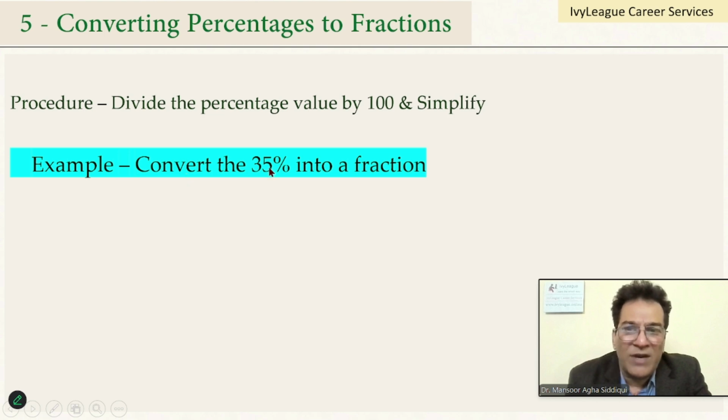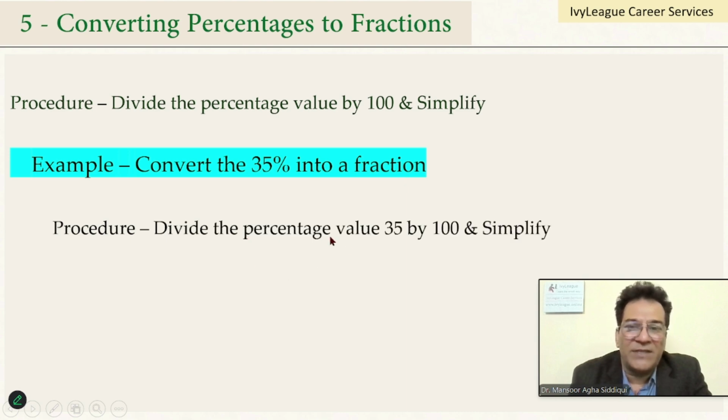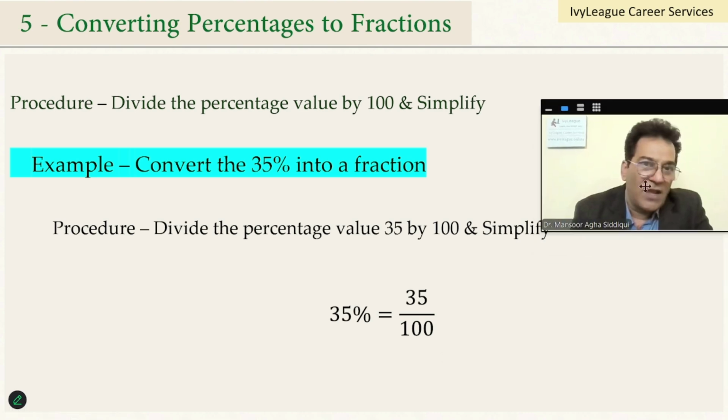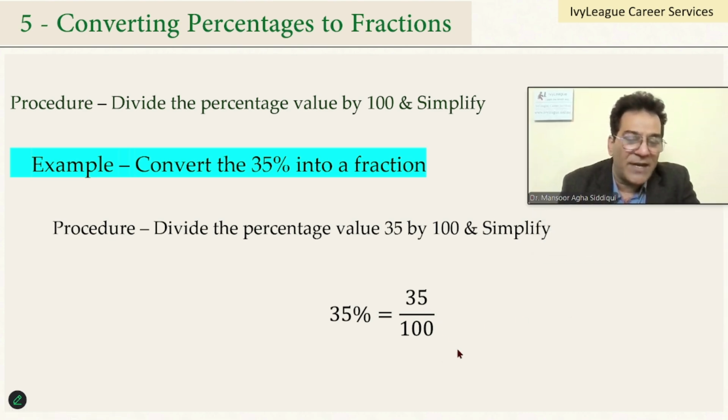For example, if you are given 35% and you have to convert it into a fraction, then you need to divide the percentage value 35 by 100 and simplify it. So 35% actually means 35 upon 100. When I simplify further, I know that 5 sevens are 35 and 5 20s are 100.